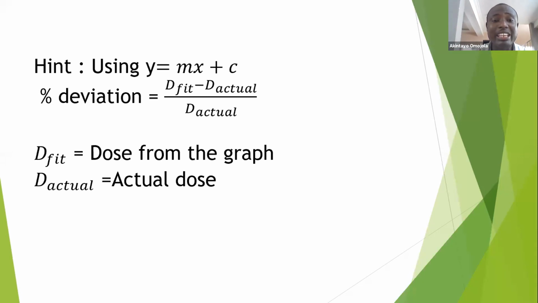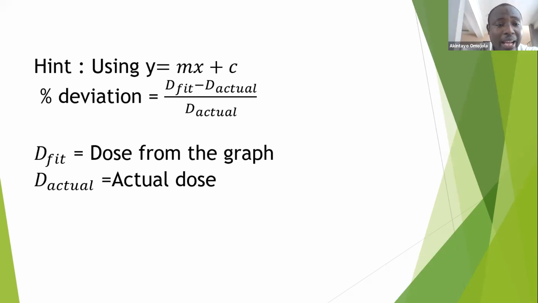Remember that your answer is a line graph. It's actually 5 times 10 raised to power minus 6x plus 0.0, something like that. Now, from that equation, plug in your x value. Your x value is actually your first TL count. Plug in that value into the equation back. It is going to give you something close to 5 milligray. The next one is going to give you something close to 6 milligray.